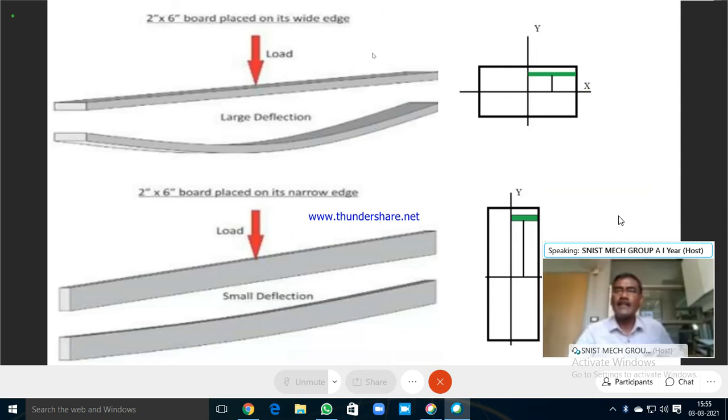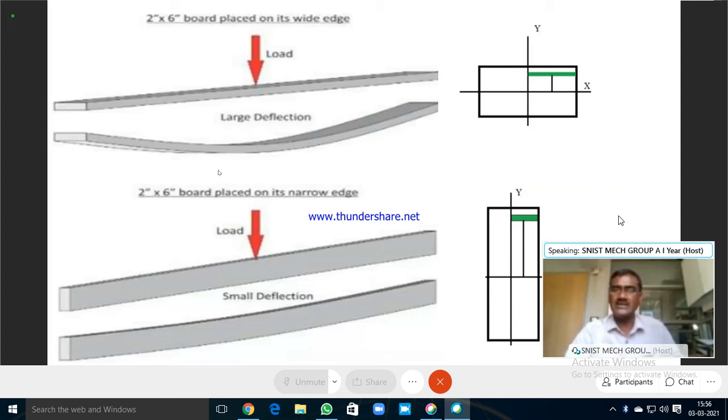Okay. No, there is no conservation of mass. There is no conservation of mass. Simply the concept is moment of inertia. The moment of inertia is going to depend on the orientation. We see that both the cross section areas are same. Both the cross section areas are same. Right? Dimensions are same. Length is same.